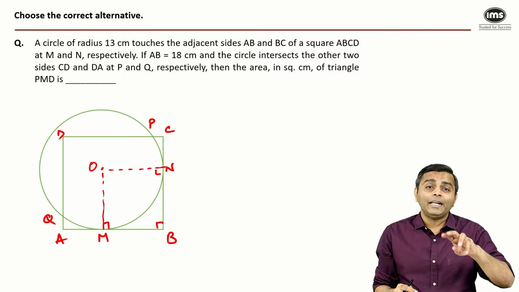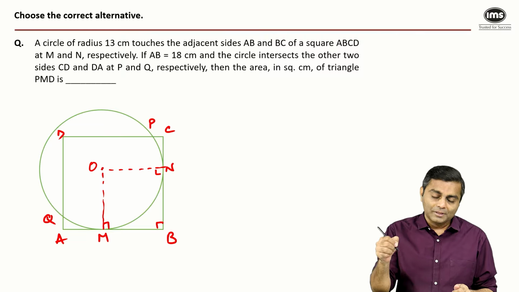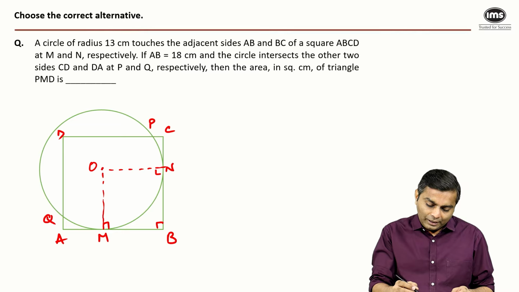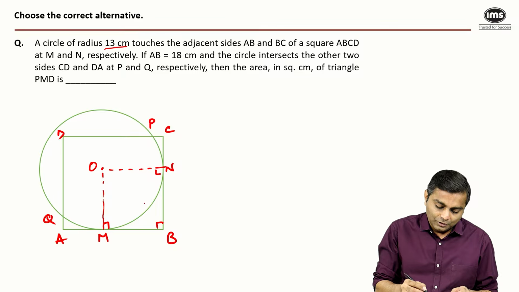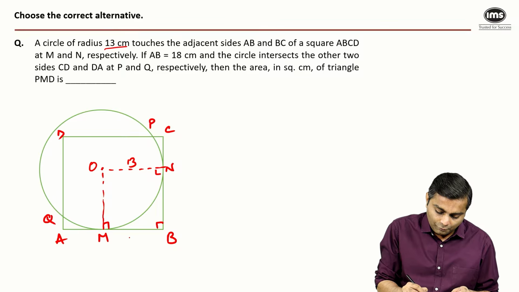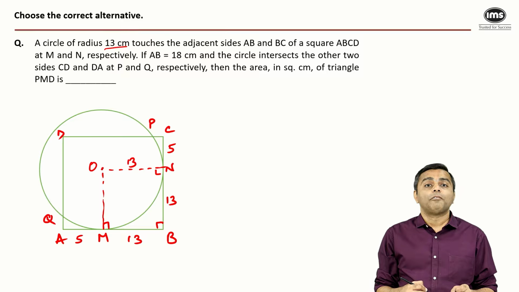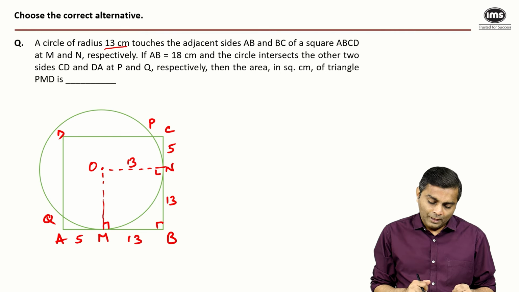Not only all four are 90, but the adjacent sides are equal also. OM is equal to ON, correct? And ON is given, they are radii, so this is 13. So this is 13, therefore this is also 13. And hence the total was 18, so this becomes 5 and this becomes 5. This much we know.